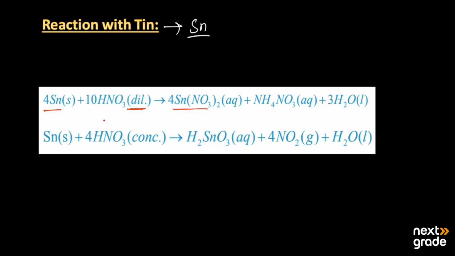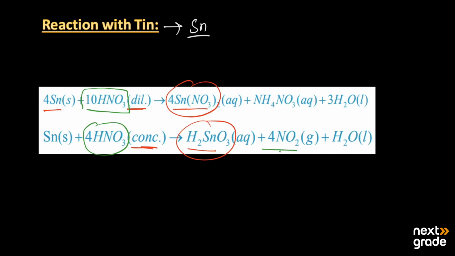On the other hand, when it reacts with concentrated nitric acid, it produces H2SnO3. These two products are totally different from one another because we have just changed the concentration of the acid. So we get two different products as a result of this process.